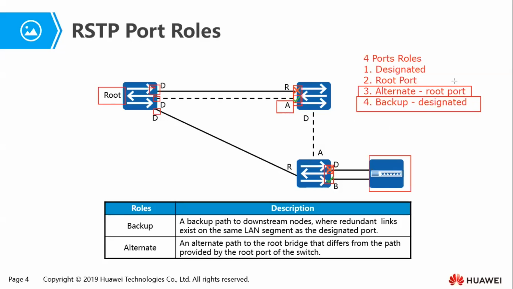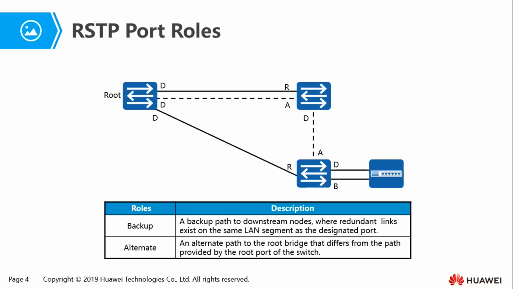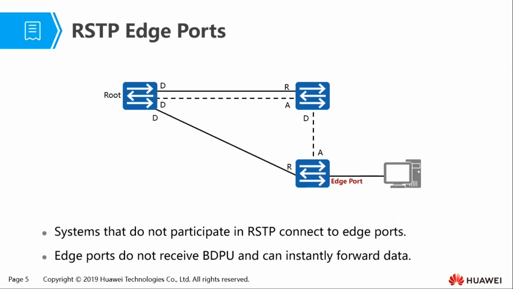So unlike in STP where we have 3 port roles, please remember that in RSTP we have 4 port roles. Okay, now actually they're not 4. Oh, sorry, they're actually 5. So let me do it again. 5 RSTP port roles.